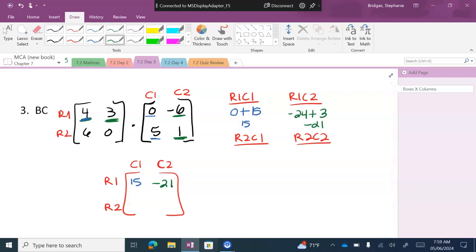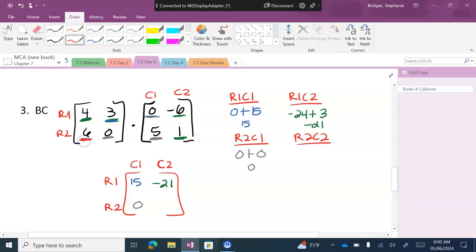Then we're going to do row 2. So I'm going to go 6 times 0, which is 0. And then across and down, 0 times 5 is another 0. And 0 plus 0 is 0. And that goes row 2, column 1. And then we can do the last piece.